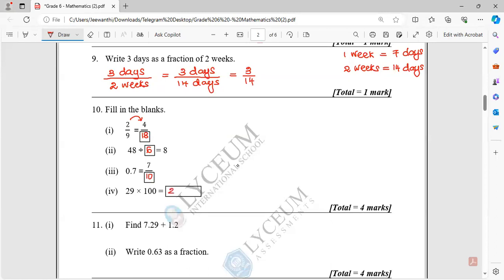So then the 29 you multiply by 100, add 2 zeros to the end. You just see, 4 marks, how easy was that, right? So 2 times 2, 4, 9 times 2, 18. 48 divided by 6, it is 8. 0.7, I can write 7 over 10.